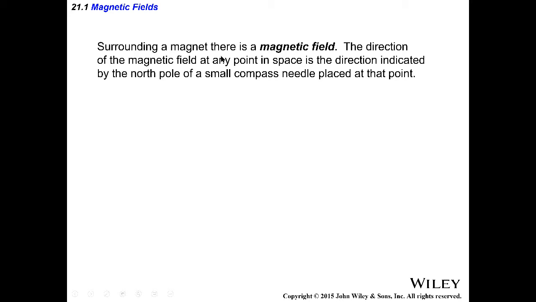Because surrounding a magnet, there is a magnetic field. Just like a charge, Q. We already spent 2 or 3 chapters in understanding that a source charge Q will be the source of an electric field, and this electric field points away from the positive charge source, or it points towards the source if it is a negative charge.